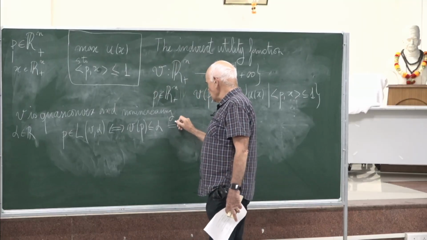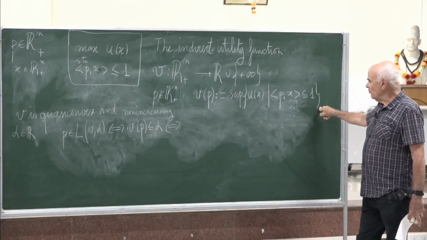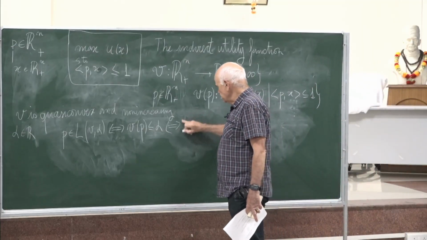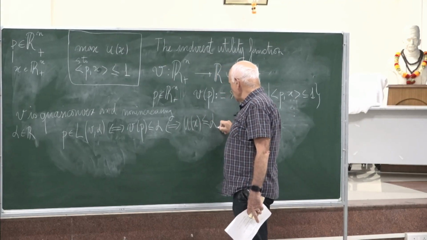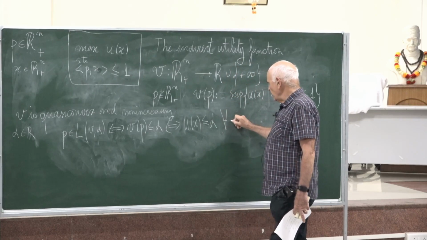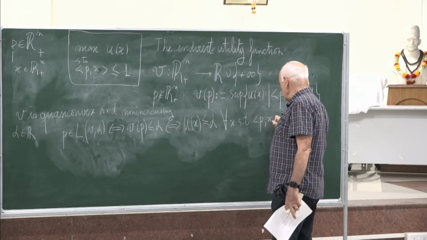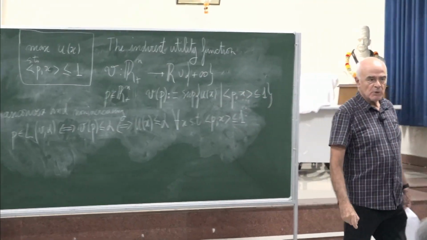And this means what? If you look at the definition of V of P, this means that U of X is less than or equal to alpha for every X such that P times X is less than or equal to 1.